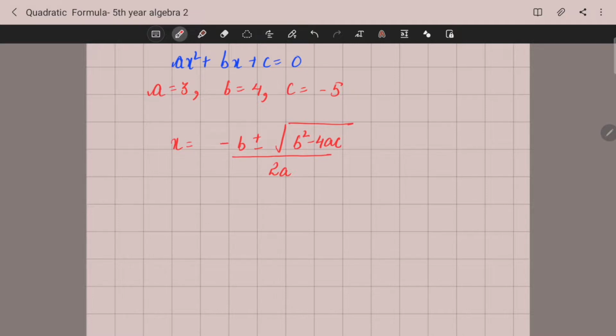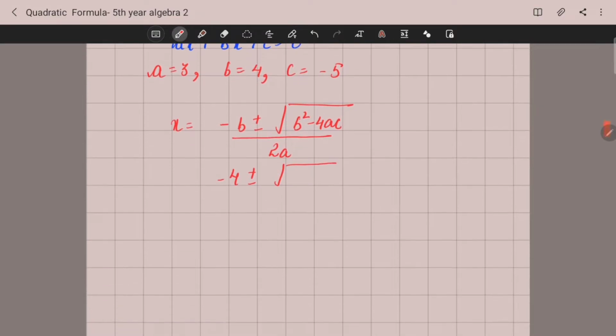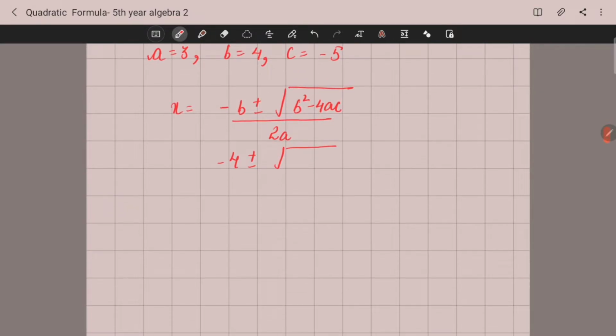Now put the values in the formula. Minus 4 plus minus square root of b square, which is 4 square, minus 4, a is 3 and c is minus 5, over 2a. Our a is 3.